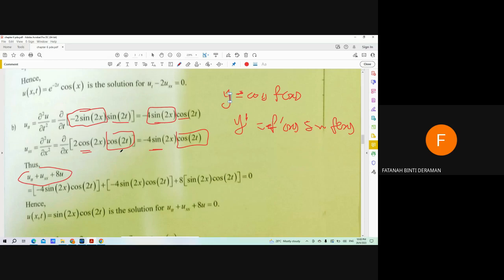Once you get everything, you just put it into the equation that they give and prove whether it equals 0 or not.